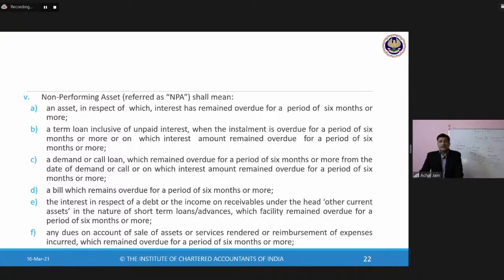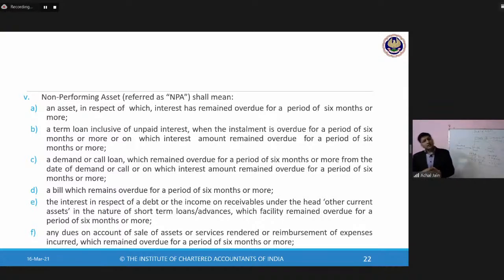The interest in respect of a debt or income on receivables under the head other current assets in the nature of short-term loans and advances, which facility remained overdue for a period of 6 months or more. F, any dues on account of sale of assets or services rendered or reimbursement of expenses, which remained overdue for a period of 6 months or more.